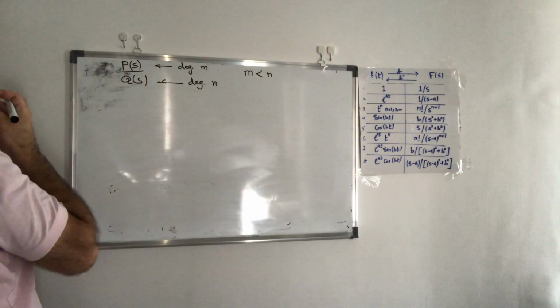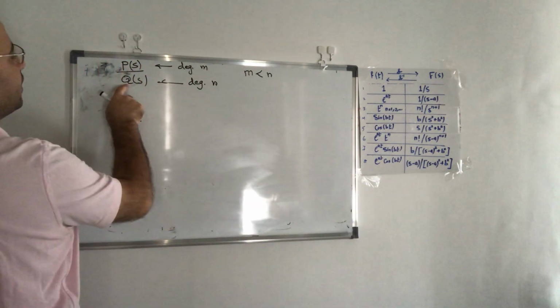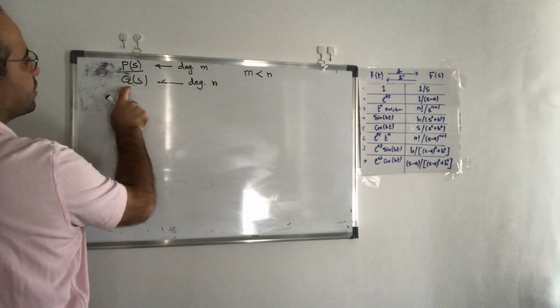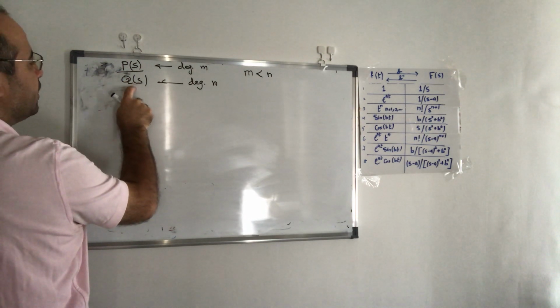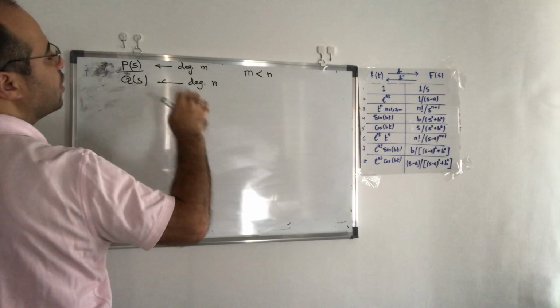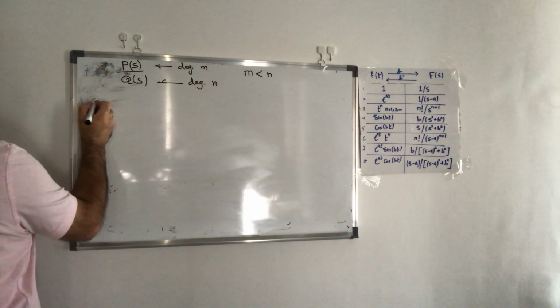Then we have the special case we already said: if Q is of degree 2 and irreducible, then you complete the square. Now what if it is degree 2 and it can be factorized, or if it has degree more than 2? I'm going to tell you there are some cases.